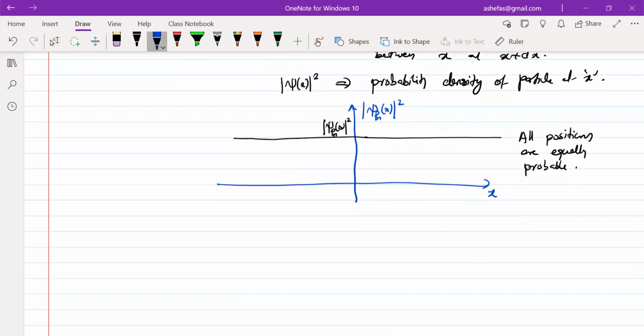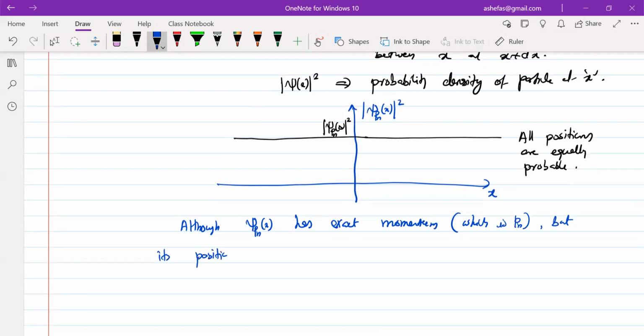So although psi Pn of x has exact momentum, which is Pn, its position is completely uncertain.